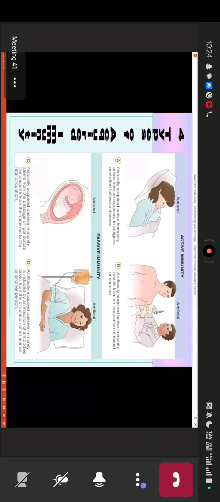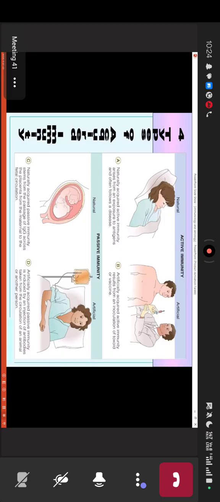First of all, the T helper cell starts and it gives signals to the B cells and the T cytotoxic cells. So when the antigen enters into the body, the T helper cell activates and gives signals to the B cells and T cytotoxic cells, right?